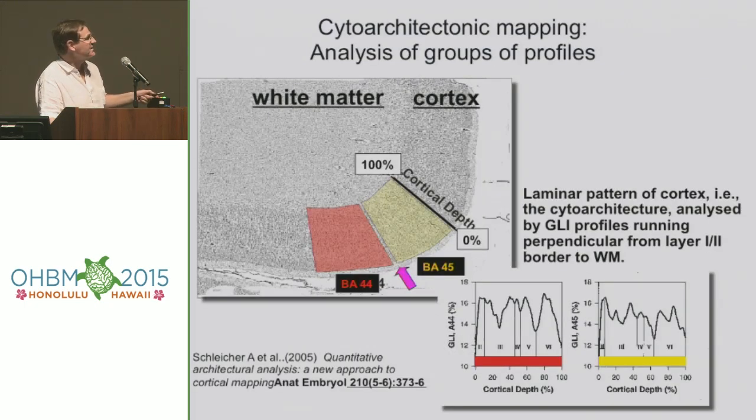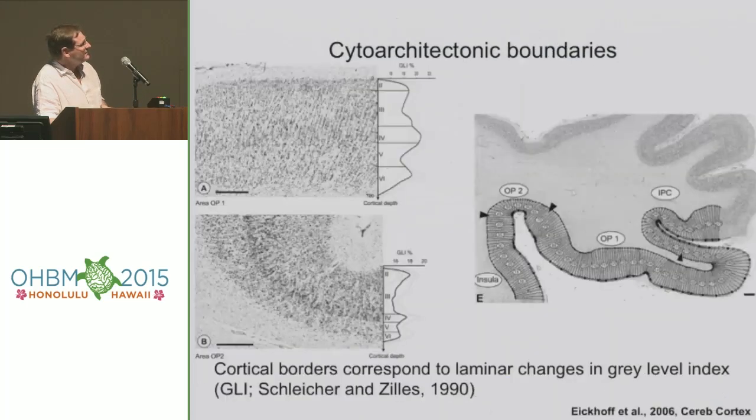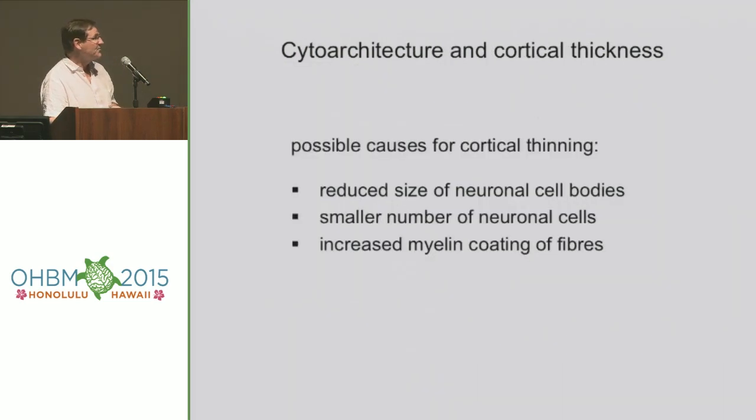index was originally conceived by Axel Schleicher with Karl and Katrin to define cortical boundaries that might change their profile as one moved from one cytoarchitectonic area into another. And we're trying to capture this kind of information, these boundaries, using data which is typically collected at 1 millimeter, which is not easy.